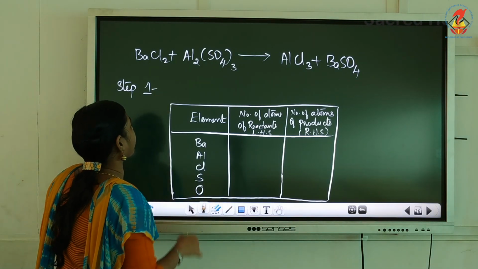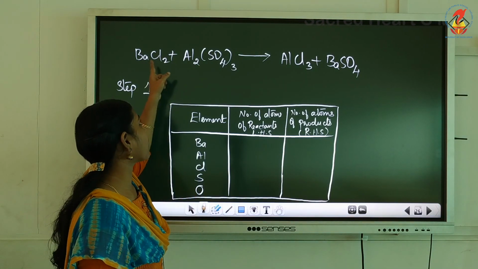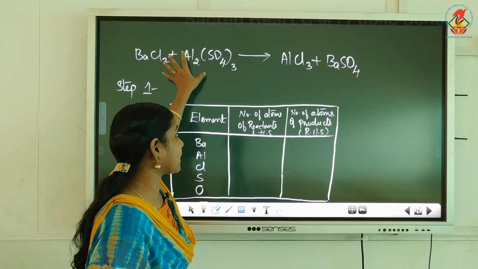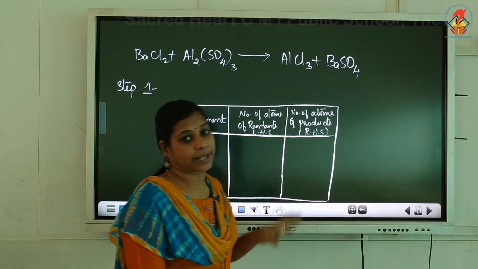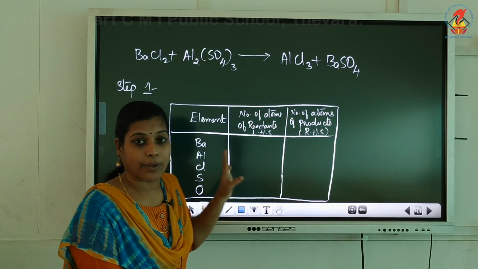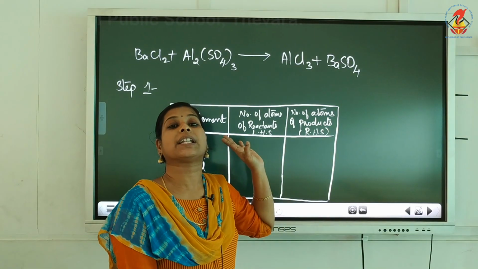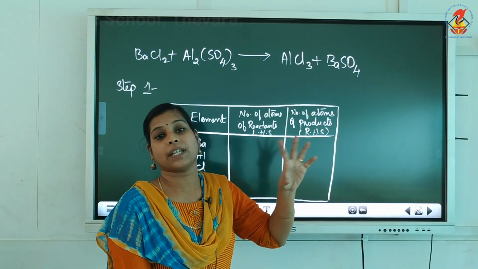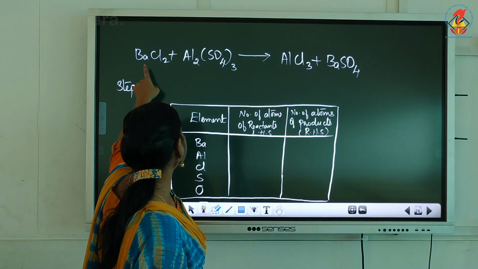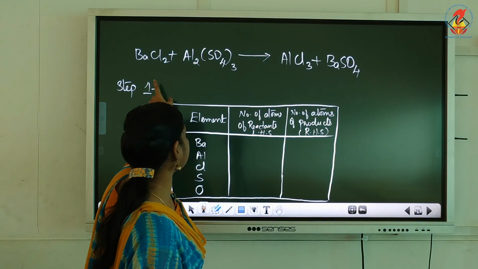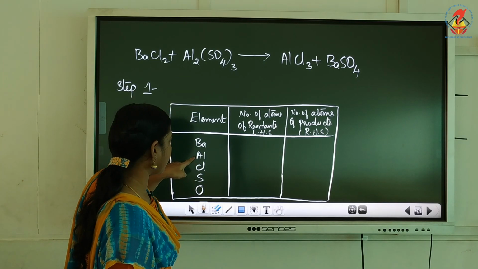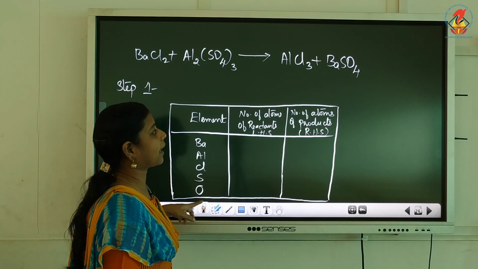In that case we have to check the number of atoms of different elements on both sides, the reactant side as well as the product side. If they are found to be unequal, then definitely we have to proceed with balancing. So we check the different elements present in this reaction: barium, aluminum, chlorine, sulfur and oxygen.